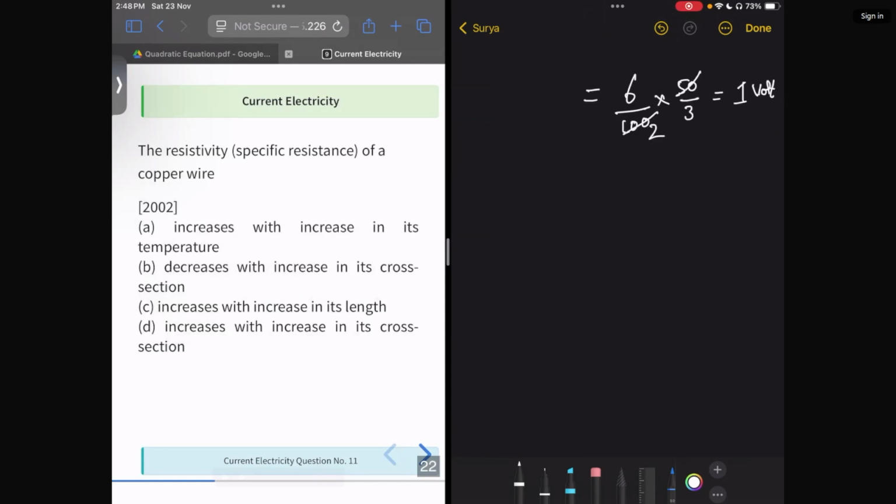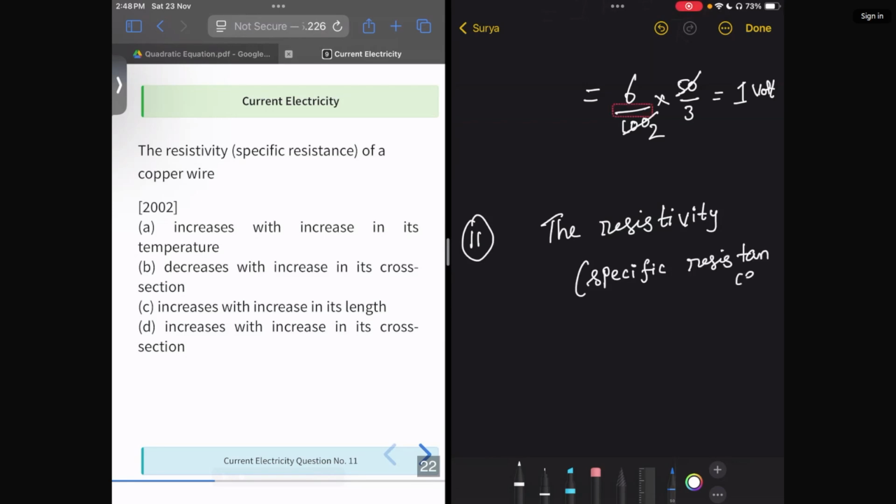Here the resistivity is nothing but specific resistance of a copper wire.